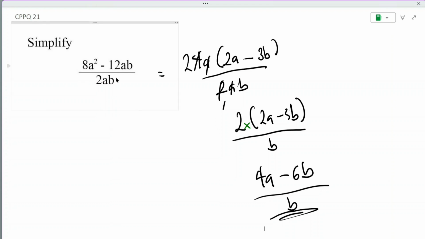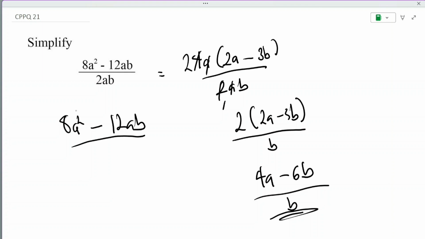There's another method of doing this, although it's not standard in math. Say we have 8a squared minus 12ab over 2ab. If you want to divide these two by the numerator, noting that they are linked by subtraction in this case, and also if these two terms were linked by addition, this same step will apply.